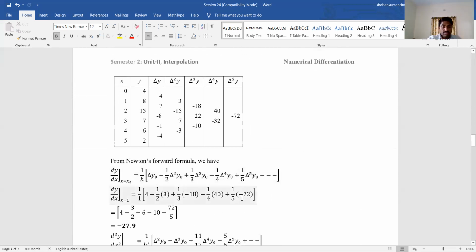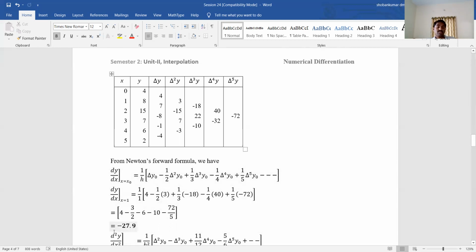Now using Newton forward formula for numerical differentiation, dy by dx at x equal to x naught is 1 by h delta y naught minus 1 by 2 del square y naught plus 1 by 3 del cube y naught minus 1 by 4 del 4 y naught plus 1 by 5 del 5 y naught minus plus and so on.